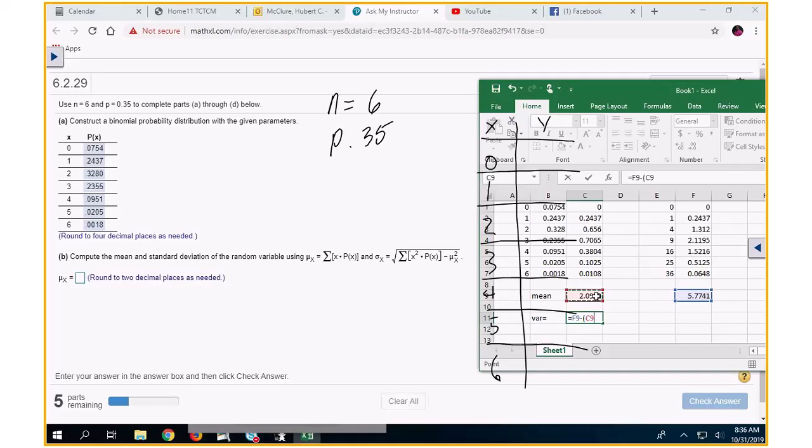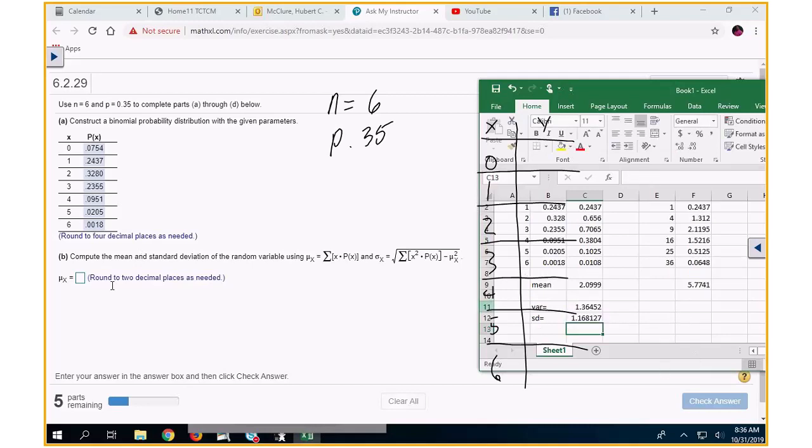And I'm just going to raise that to the second power. And that's the variance. Now what is the relationship between the variance and the standard deviation? Square root, or the 1/2 power, raised to the 0.5 power.